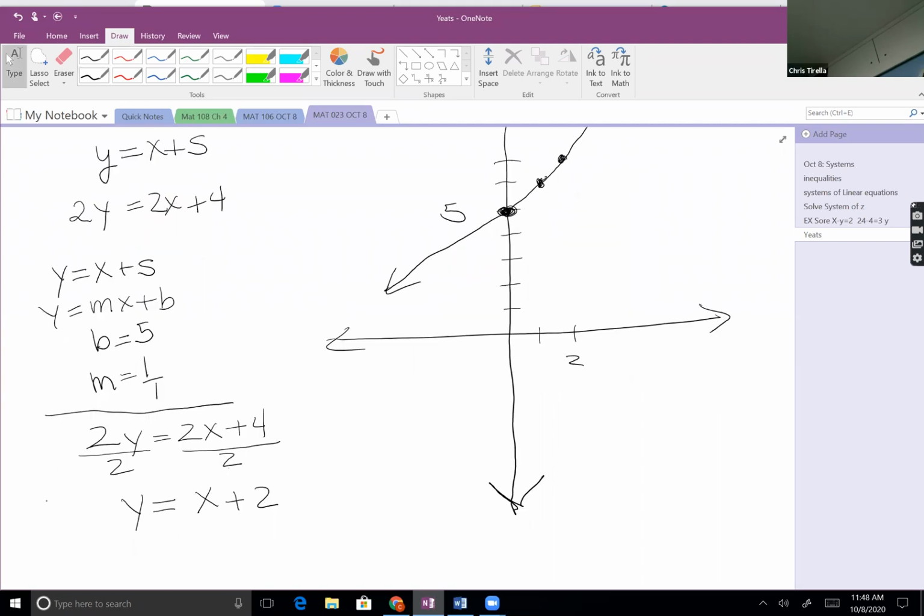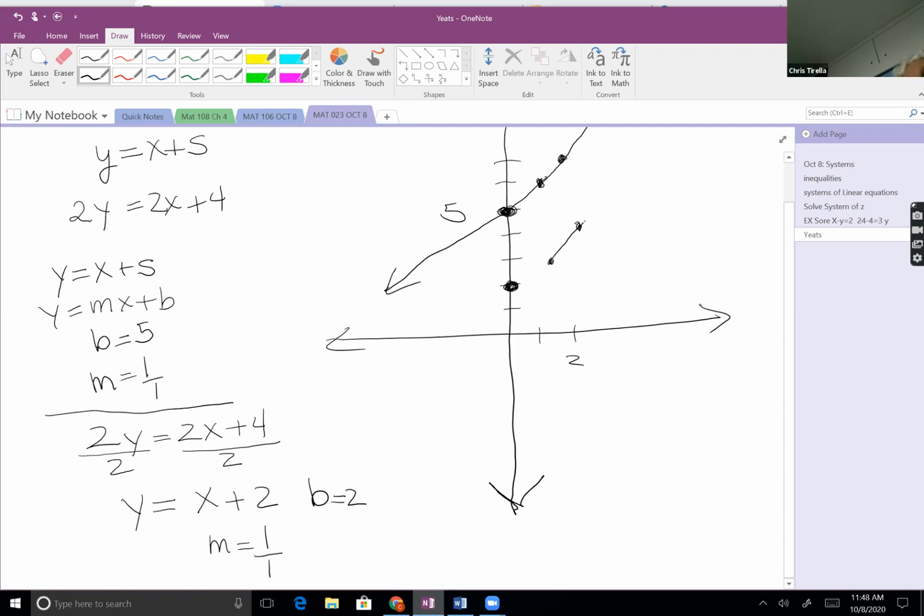When I compare that to y equals mx plus b, b is 2. So I begin at 2 on the y-axis. M is 1, which would be 1 over 1. So from this point, I go up 1 over 1, up 1 over 1.